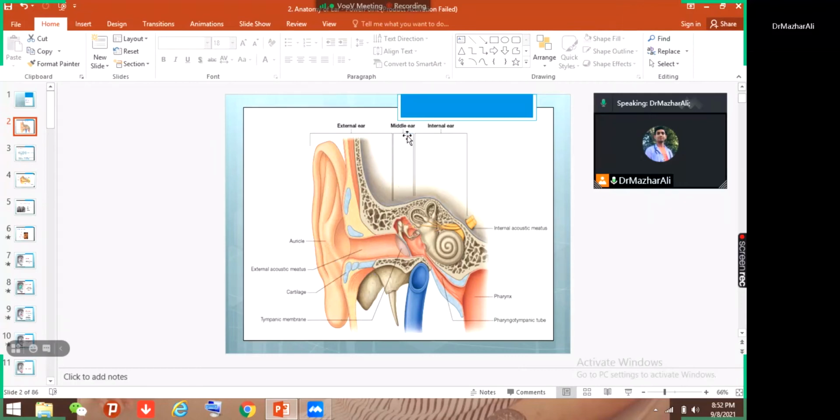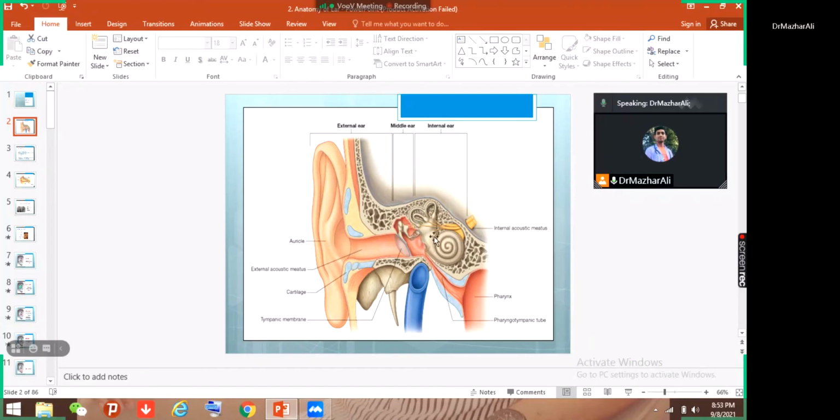In the middle ear there are three bones: malleus, incus, and stapes. These are the smallest bones in the human body, and they make a connection between the external ear and the inner ear.